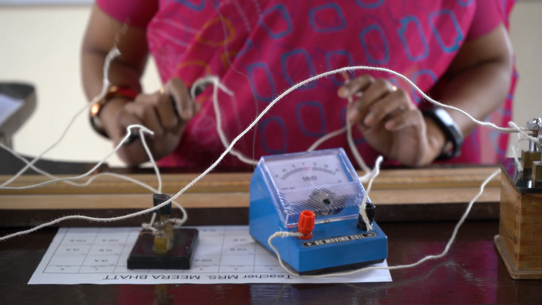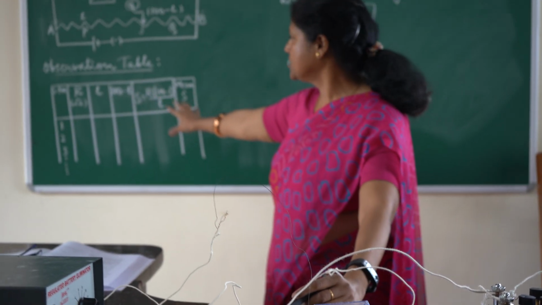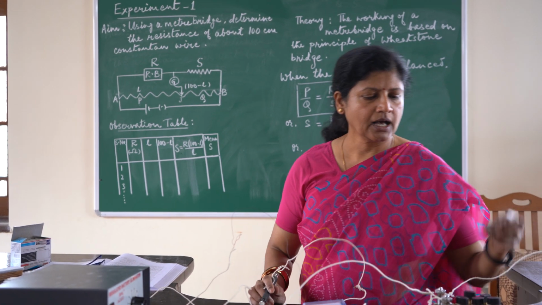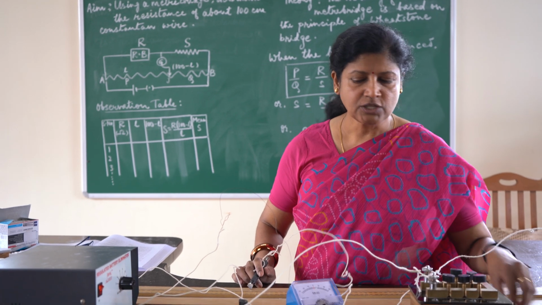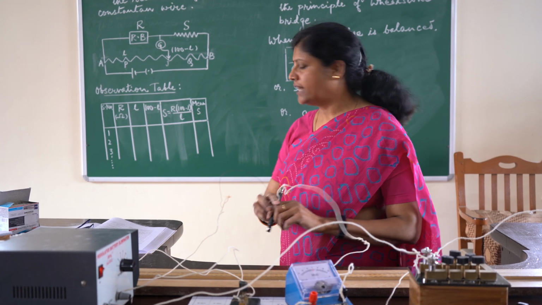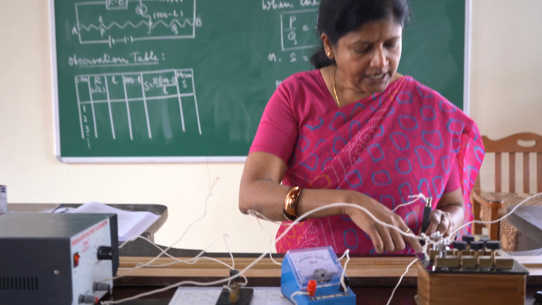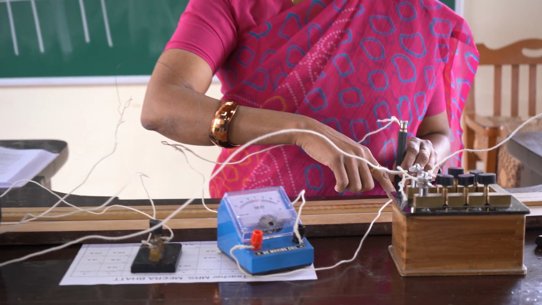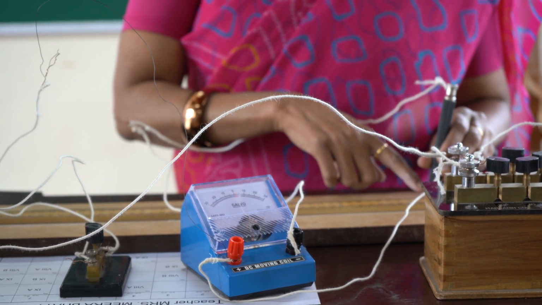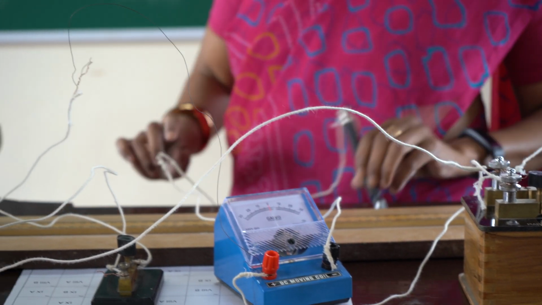Now what to do? Here you see we have drawn one observation table, serial number, then I have taken out 1 ohm, so we write R as 1 ohm. Then if we put our jockey here, see, length is 35, so L is 35, 100 minus L is showing 65, we'll write 65.